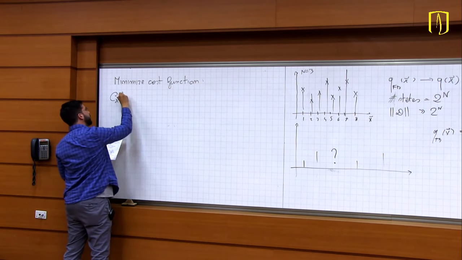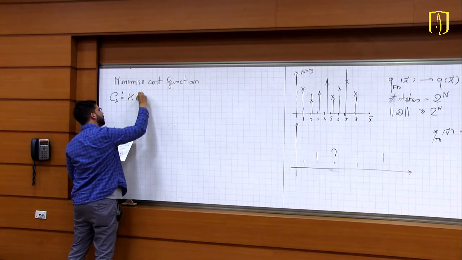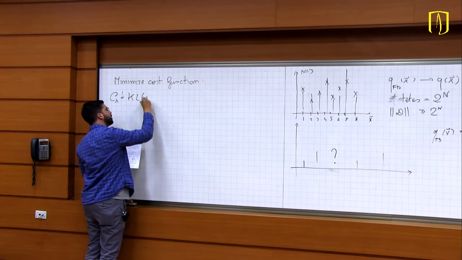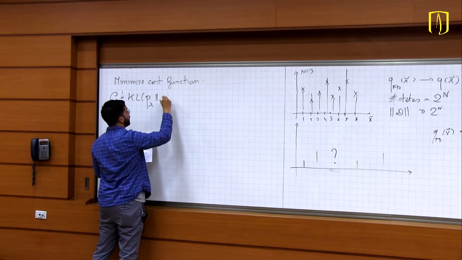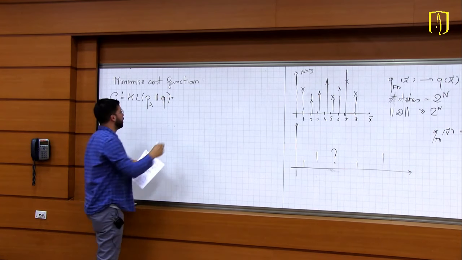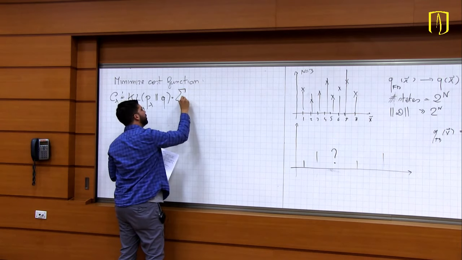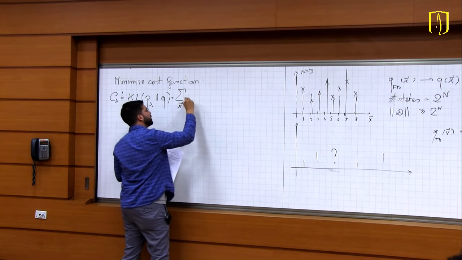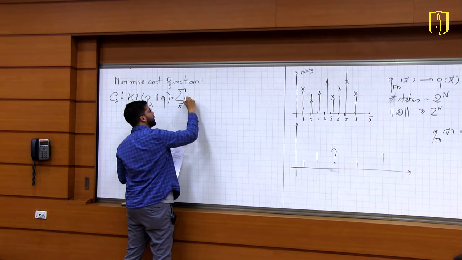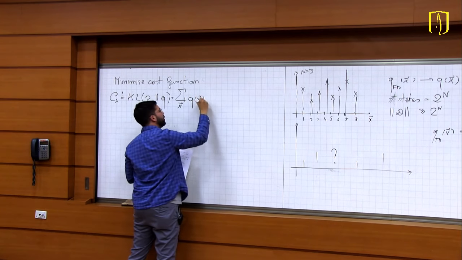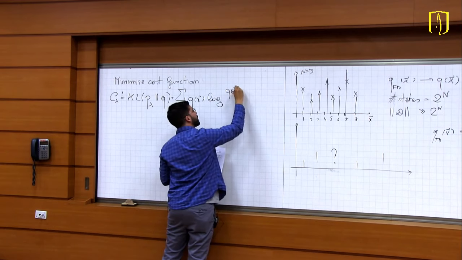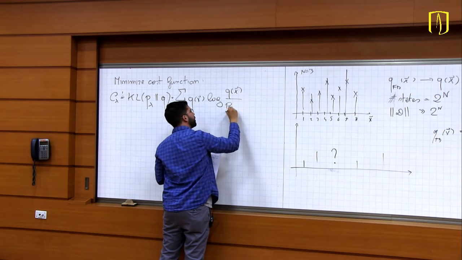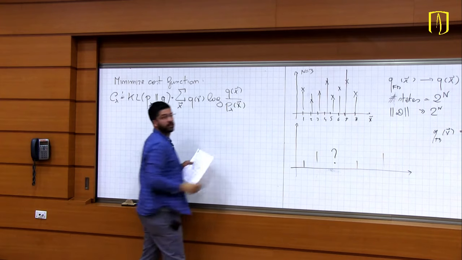This is defined as the KL divergence between the model distribution P of lambda and the data, the unknown distribution for now. It is defined as the sum over all possible states, the average with respect to the unknown distribution, of the log of Q of X divided by P lambda of X.